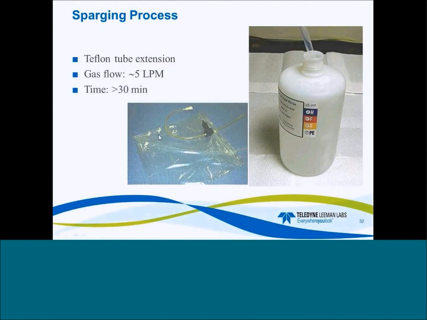One of the other things that you really should do is make sure that you clean up your reagents as best you can. There are a couple of reagents that you certainly can improve the cleanliness of. First is a rinse solution.